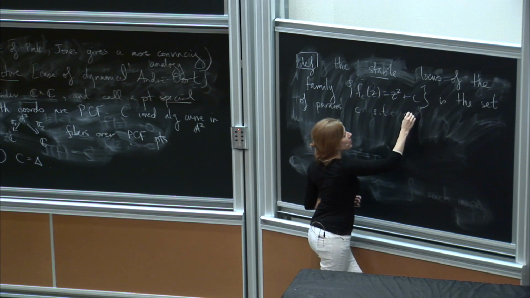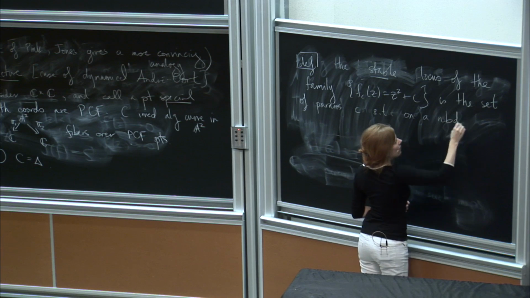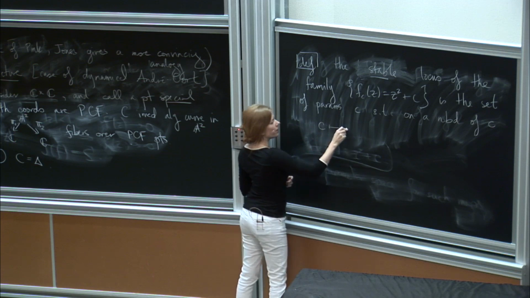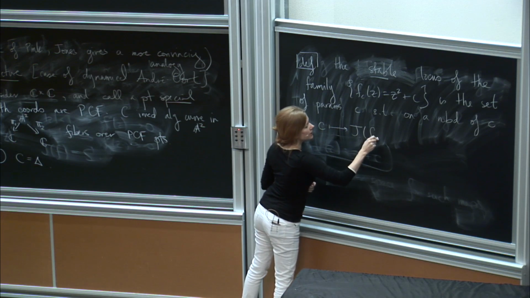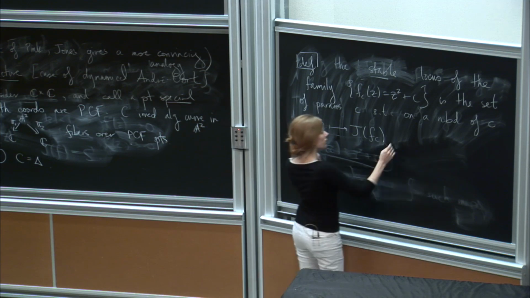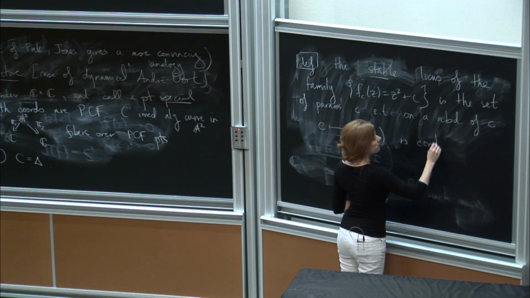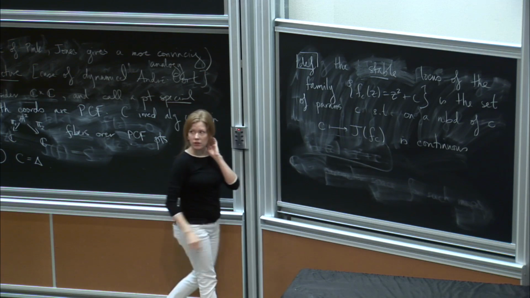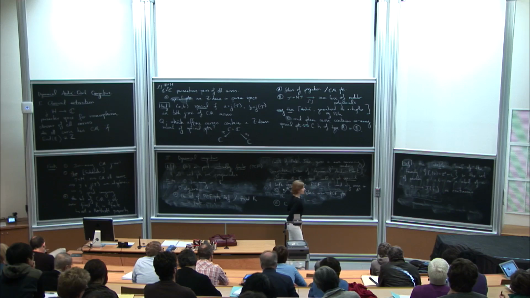such that on a neighborhood of c, the map which takes a parameter to the Julia set of its associated rational map is continuous. And the topology on the right-hand side here is the Hausdorff topology. Okay?